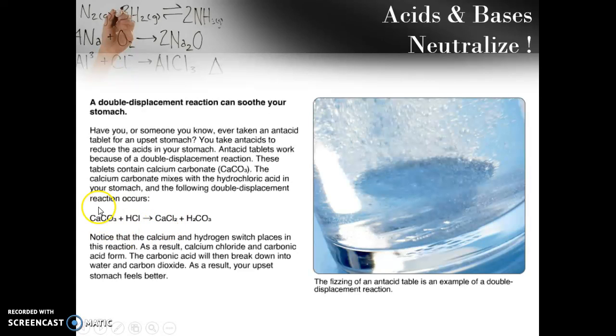So CaCO3 is basic, HCl is acidic. This is your salt right here, the calcium chloride, it's neutral. And then H2CO3, that's hydrogen bicarbonate, that's also neutral as well. And eventually, this H2CO3 will break down into water and carbon dioxide. You can see the carbon dioxide as the little bubbles escaping.